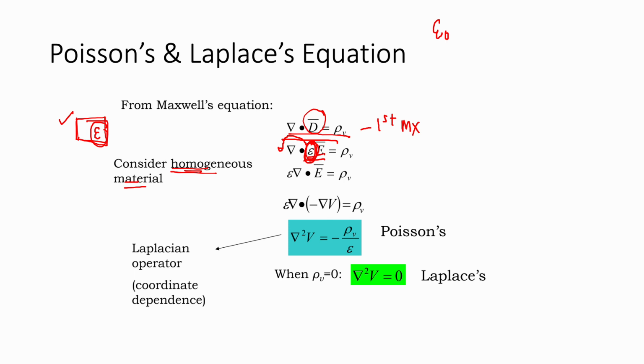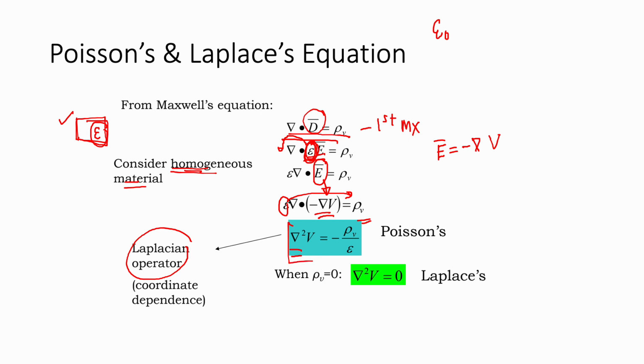From our previous chapter, E equals negative gradient of V. If we substitute that, we have epsilon divergence dot negative gradient of V equals rho V. With some mathematical rearrangement, we bring epsilon to the right-hand side, and we get del squared V, which is known as the Laplacian operator, equal to negative rho V over epsilon.